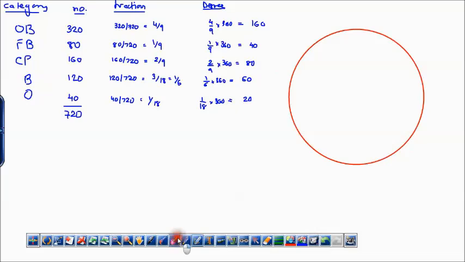Make sure the center is one of the lines, and to start drawing the pie chart you have to first draw a straight line with a book.